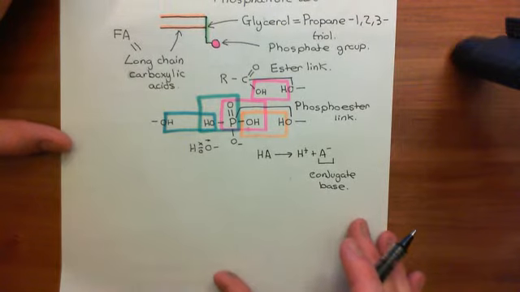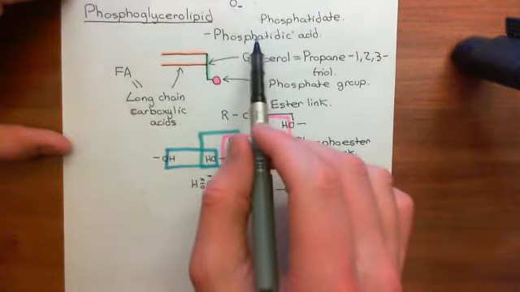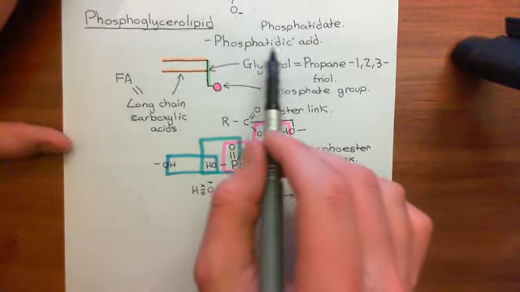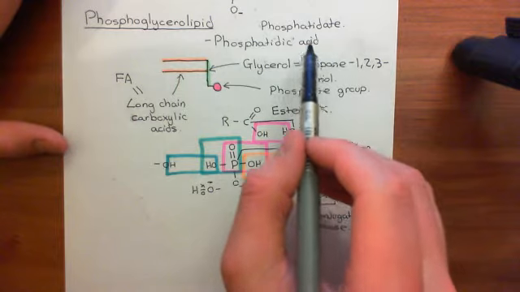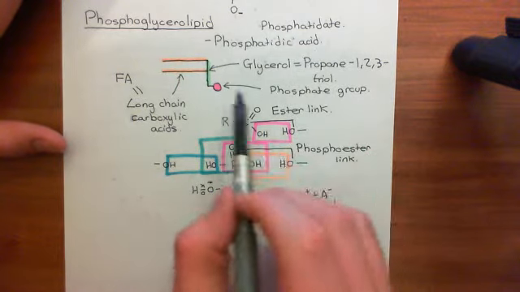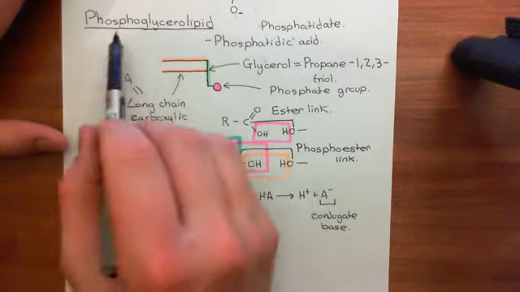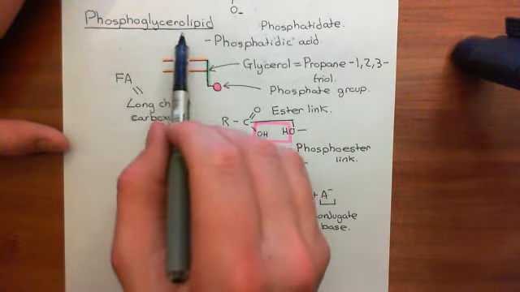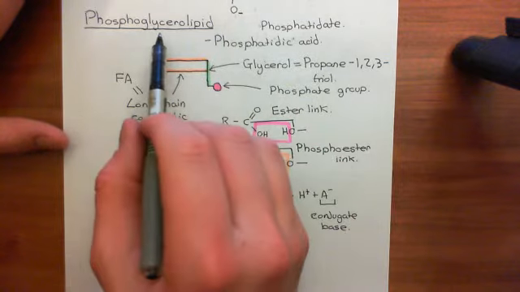Basically, all phosphoglycerolipids are derivatives of phosphatidic acid. So what you do is you start off with a phosphatidic acid molecule, and you can add on extra structures onto the phosphatidic acid molecule, and what you then end up with is a phosphoglycerolipid. Now, phosphatidic acid itself is considered a phosphoglycerolipid.